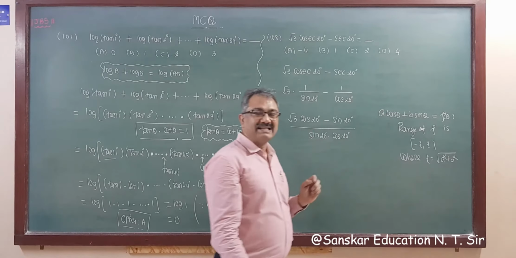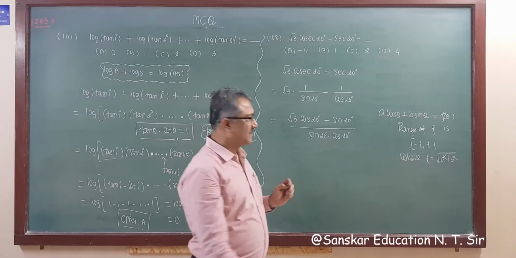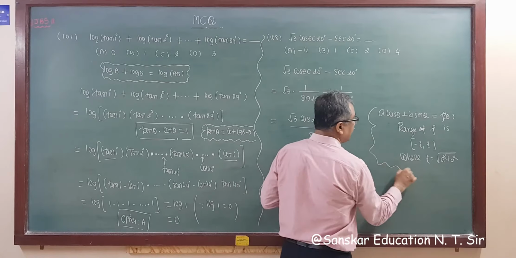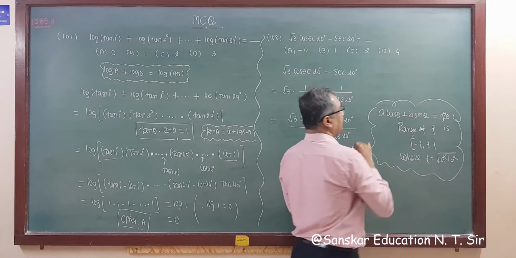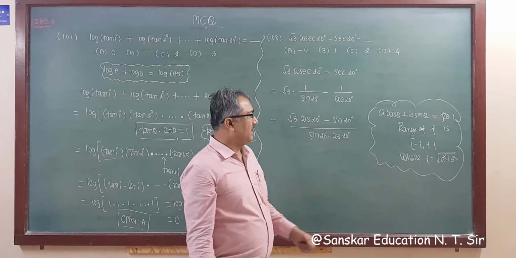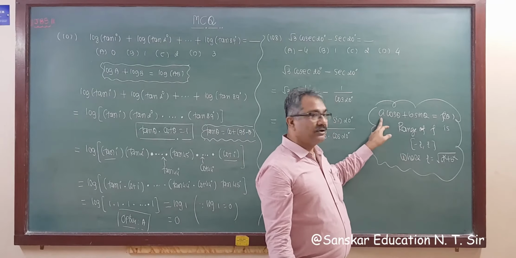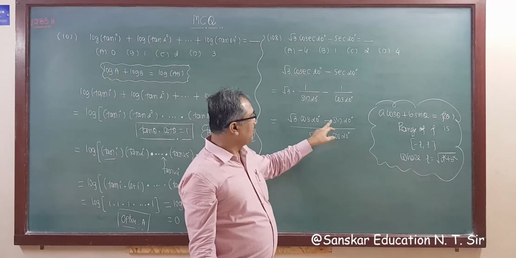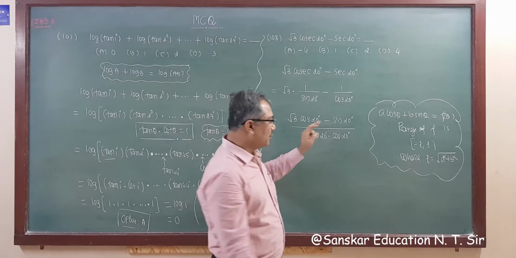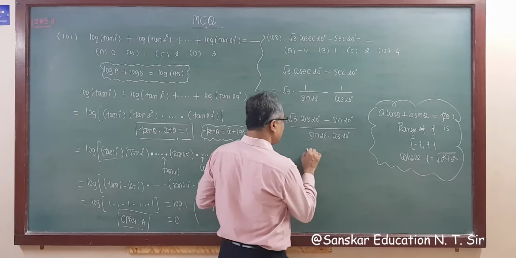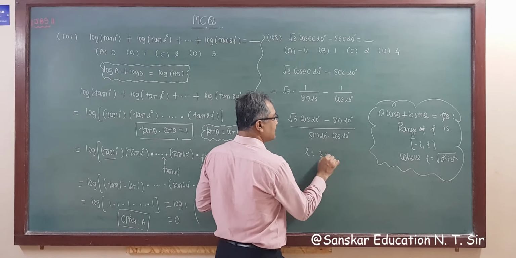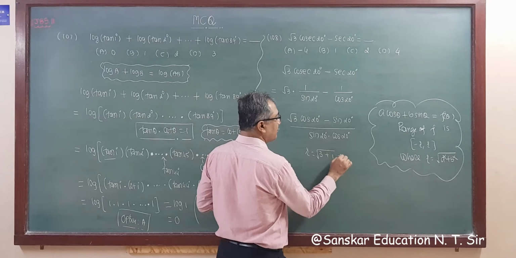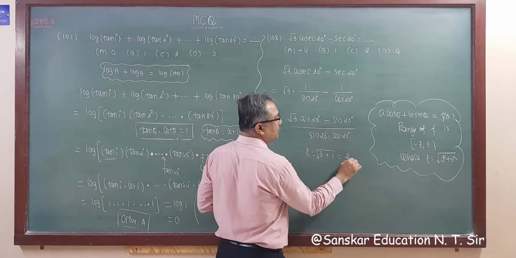We learned this, right? You know this formula. So what is here? A is √3, b is 1. So here r is √(3 plus 1), that is √4, that is 2.